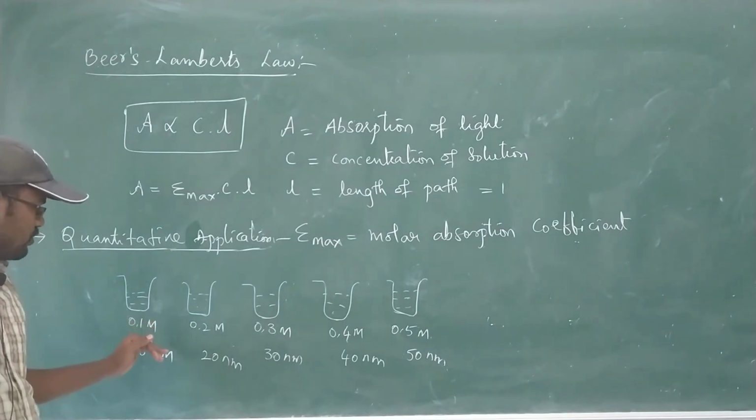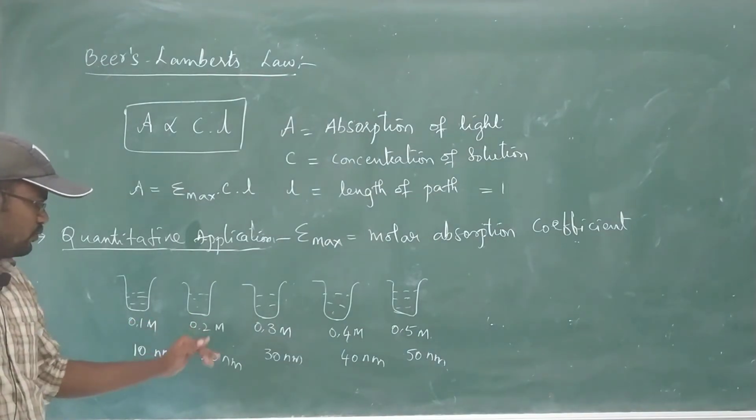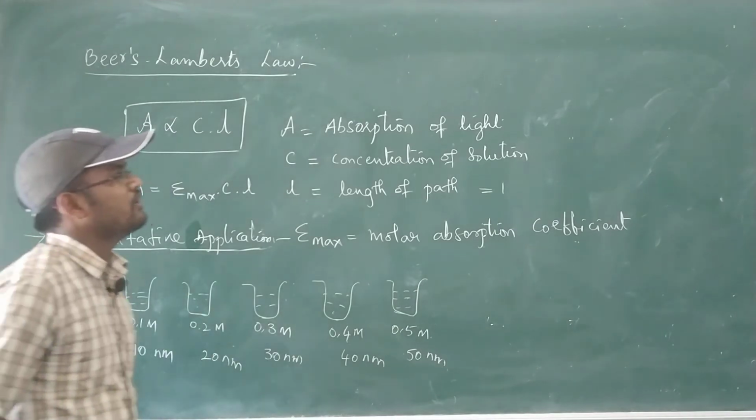So 0.1 M concentration gives 10 and 0.2 concentration gives 20, like that.